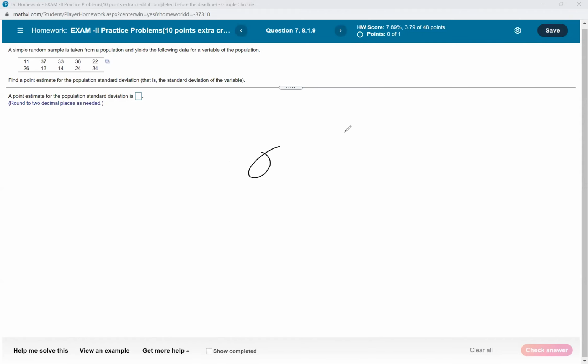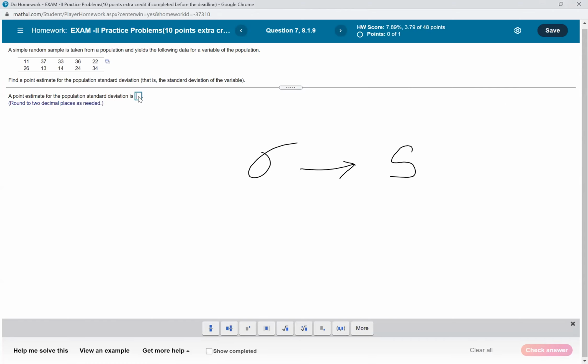If the population standard deviation is sigma, and if we do not know the population standard deviation, we calculate the sample standard deviation, right? And the sample standard deviation is the point estimate of the population standard deviation. So you have to calculate the sample standard deviation S, and that is the point estimate of the population standard deviation.